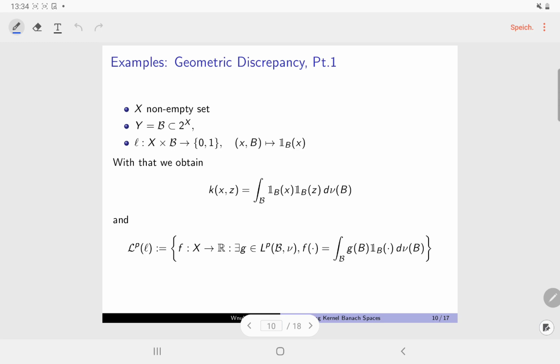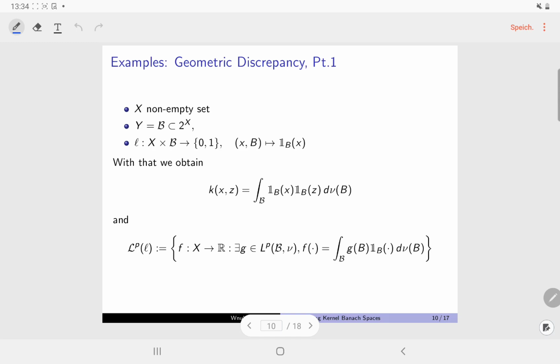Okay, so having said that, let us go over to a simple example. In this example, we will consider X to be a non-empty set and Y to be some subset of the power set of X. One may think, for example, about X being a unit cube in d dimensions and Y consisting of some geometric objects in this unit cube.